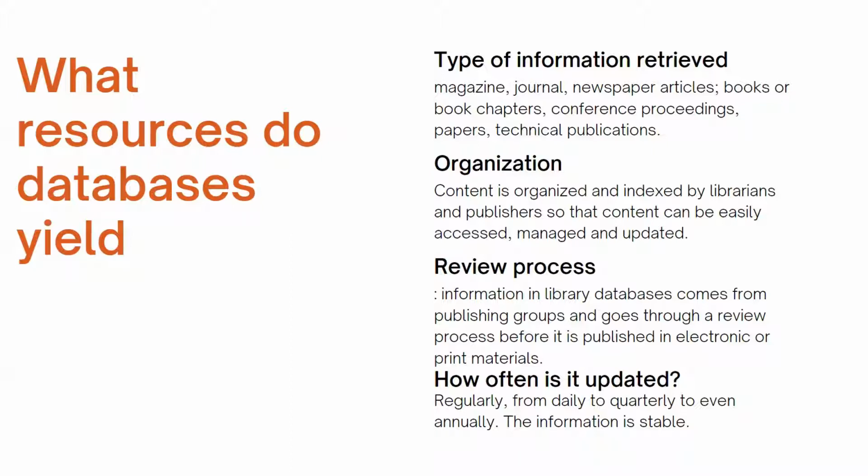Organization. The content is very well organized, indexed by librarians and publishers, so it's easier to find. I'll show you later on, when we go over the websites, how easy it is to go over each database that you want to use, how to break it down, and how to really focus your search into something that you wanted. So let's say you wanted some study on the effects of brown bread and you go to Google, it'll show you everything that it can find about brown bread.